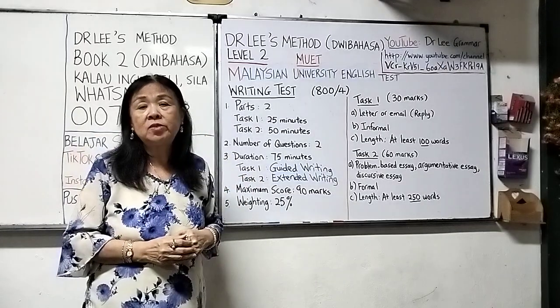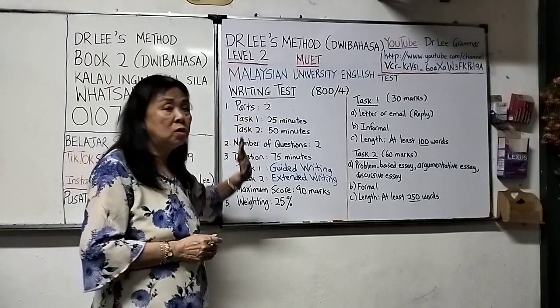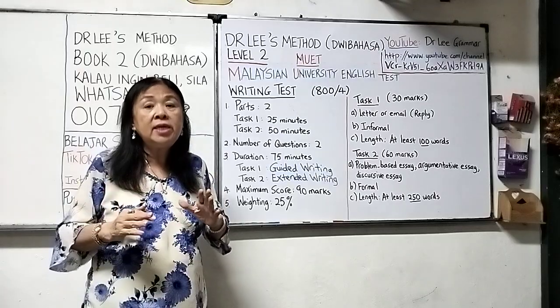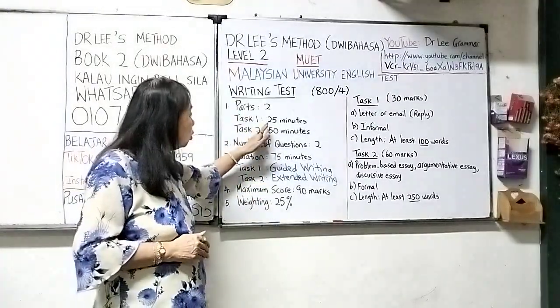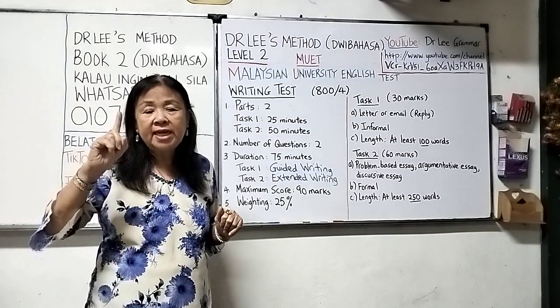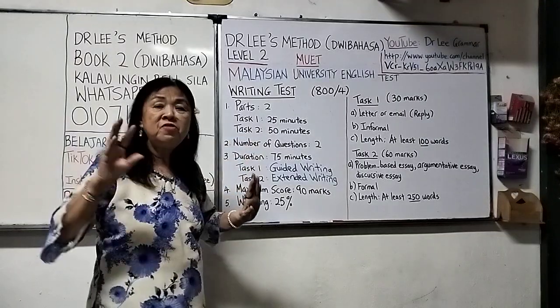There are 2 parts to this paper. Part 1 or task 1, we suggest, or actually the test paper suggests, that you use 25 minutes to write your first essay. Task 2, 50 minutes.